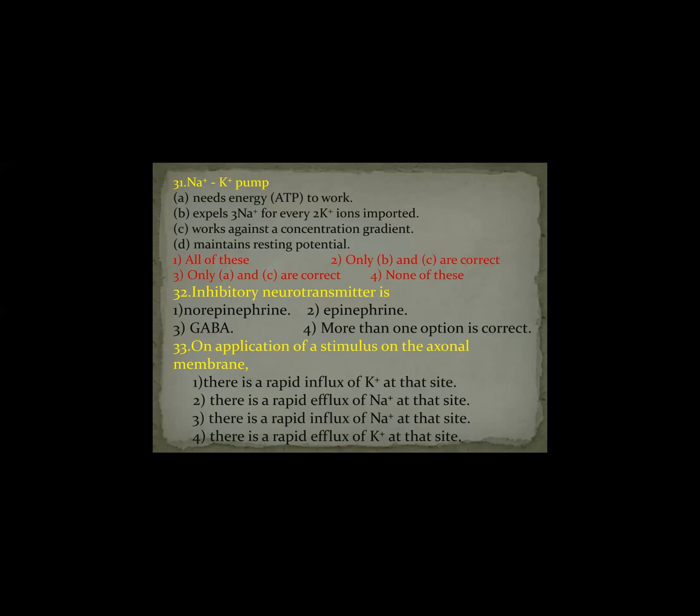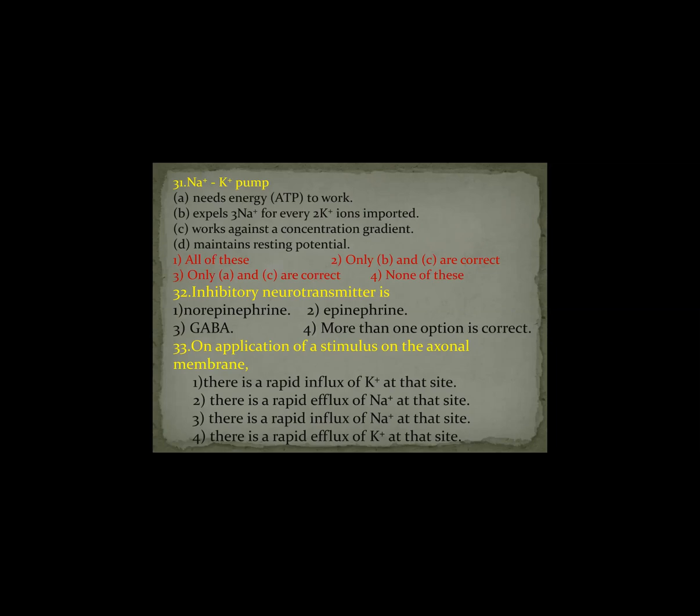The sodium ion concentration is more than the potassium ion concentration in the extracellular fluid. This ionic gradient on either side of the axolemma is maintained by the sodium potassium pump by pumping 3 sodium ions outside and 2 potassium ions inside. So all these statements are correct regarding the sodium potassium pump. So we have to select answer 1. The correct option for 31 is 1.